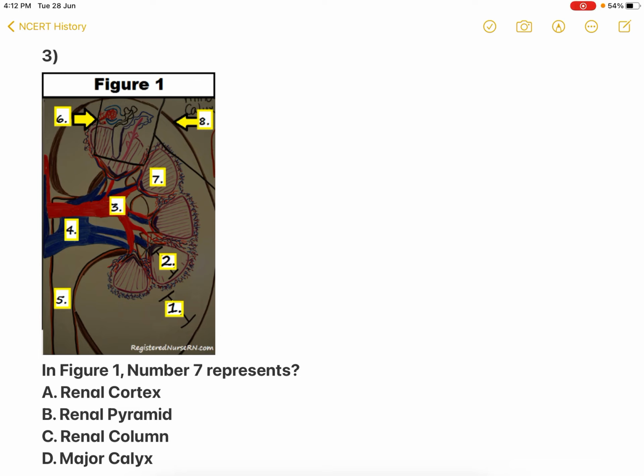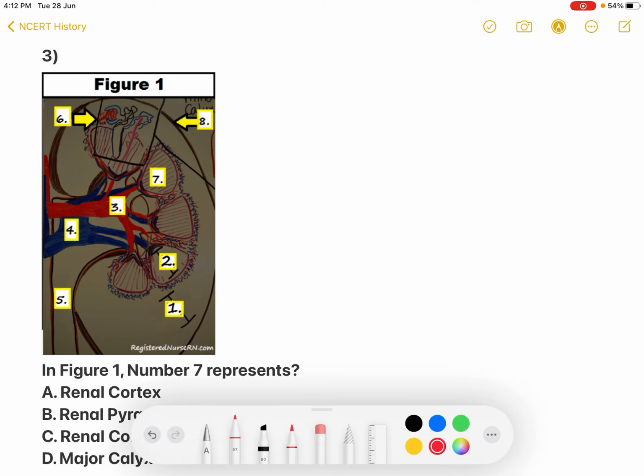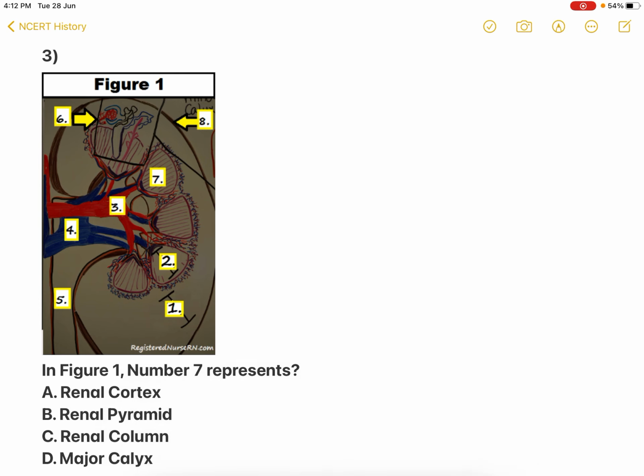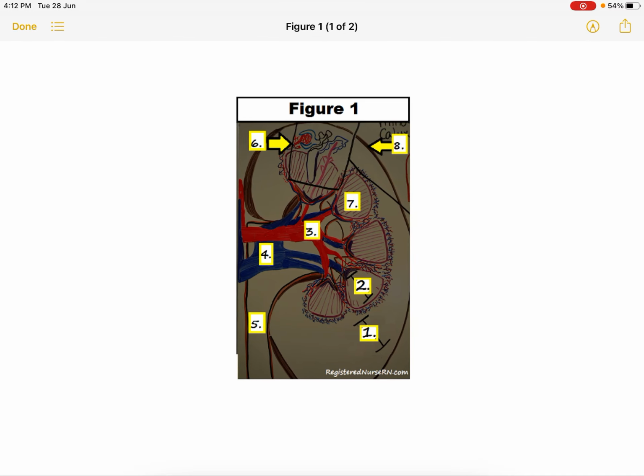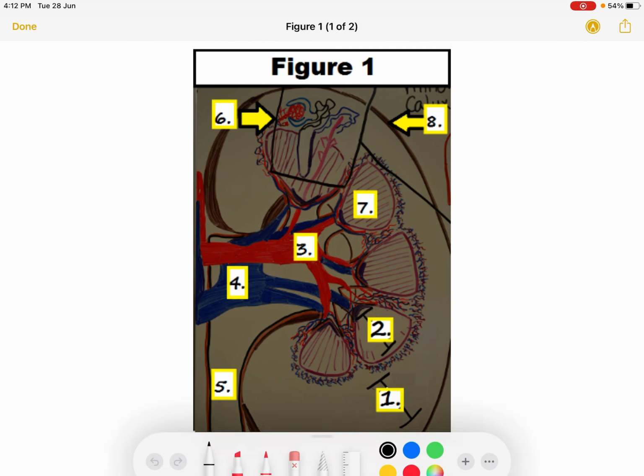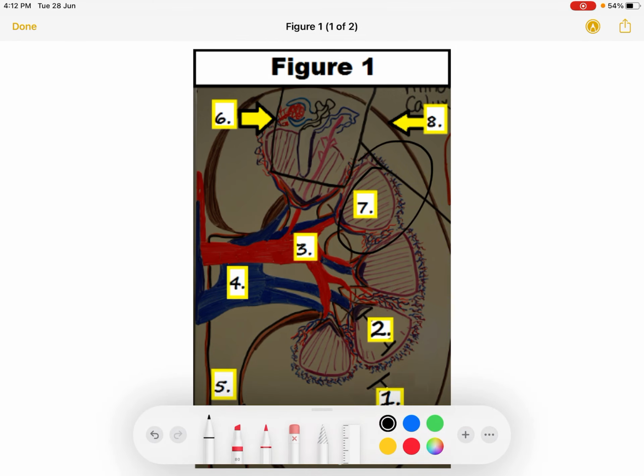In figure 1, number 7 is this number 7 here. This is a renal pyramid, and this one is a renal cortex.